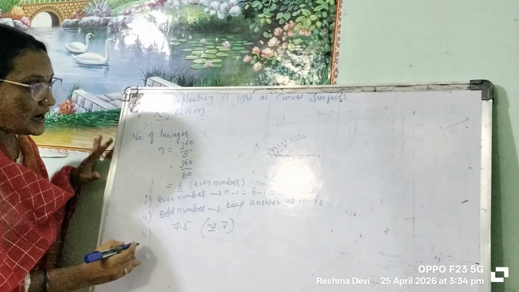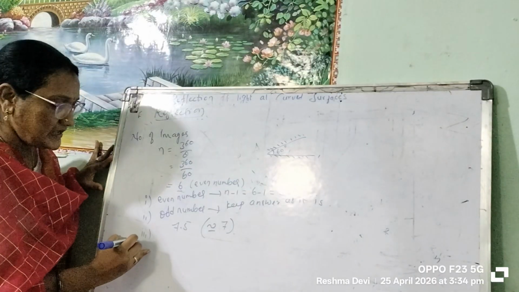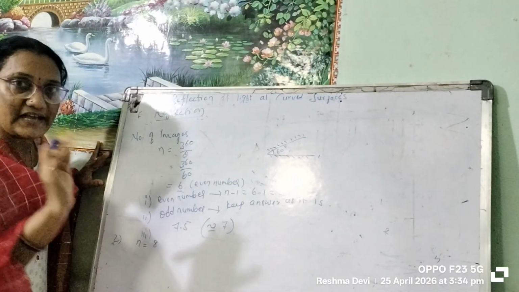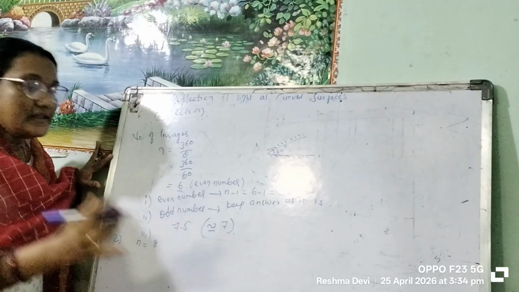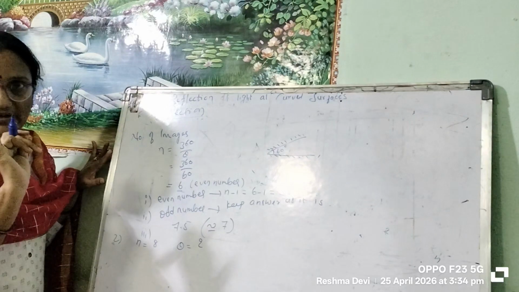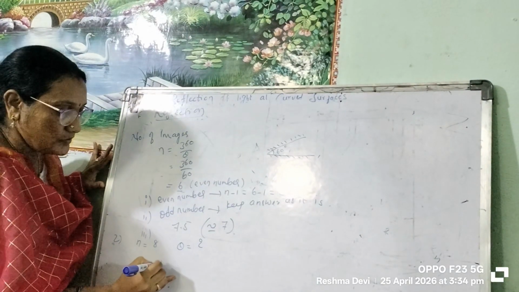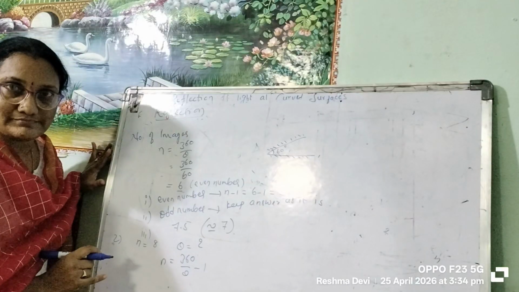Now next, for example, the second model: he gave the number of images as 8. He is saying 8 images are formed. Then in what angle the mirrors are arranged, he will ask. Then you write n is equal to 360 by theta minus 1.